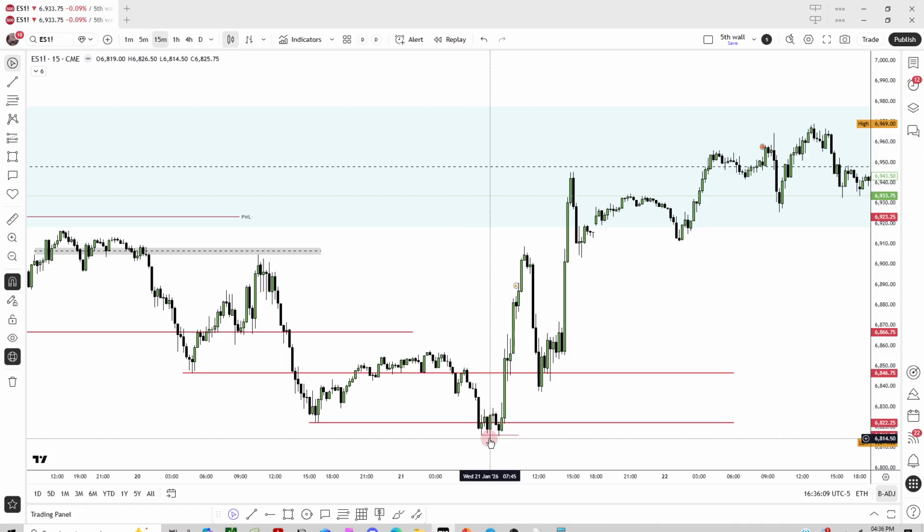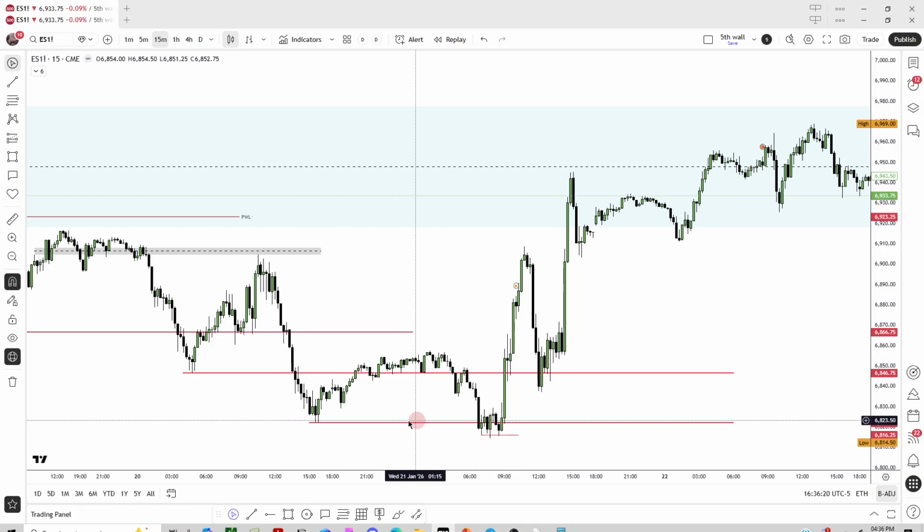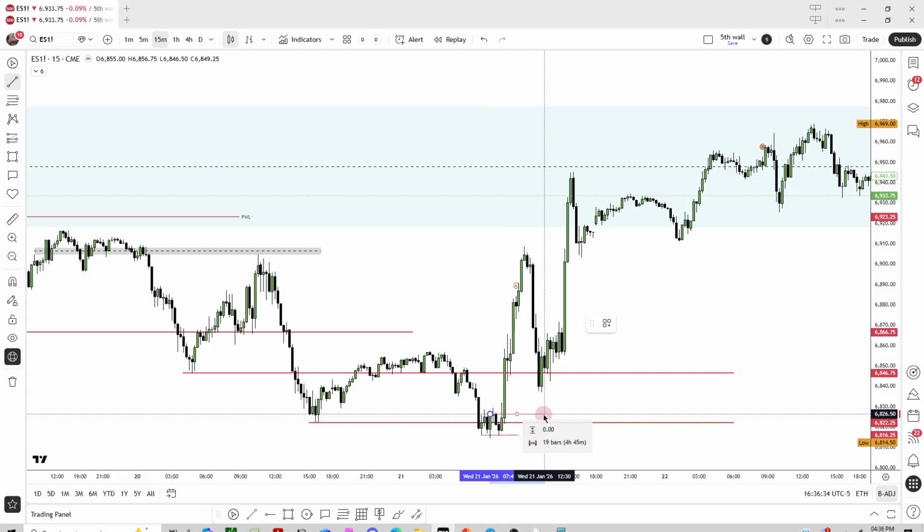We have this run below here, and technically this ran the low, closed below. This closed below as well. This ran that low, so technically a trade above price going above this high.